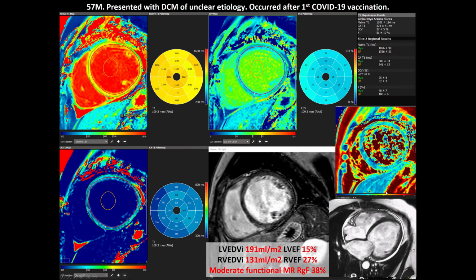Here's a 57-year-old male who presented with DCM of unclear etiology, which occurred after their first COVID-19 vaccination. We can see elevated native T1, normal ECV, mildly elevated ECV in the basal septum. They had biventricular dilation and systolic dysfunction, as well as moderate functional mitral regurgitation of 38%. There's no edema.